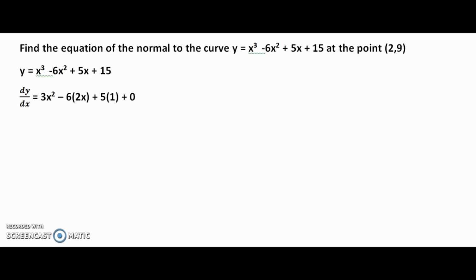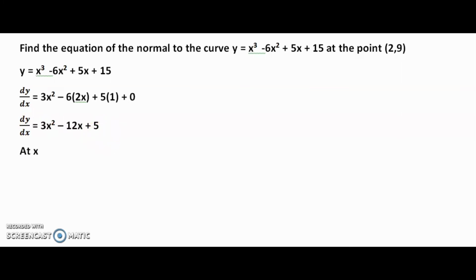That is, dy by dx is equal to 3x square minus 12x plus 5. Okay, now what shall we do?